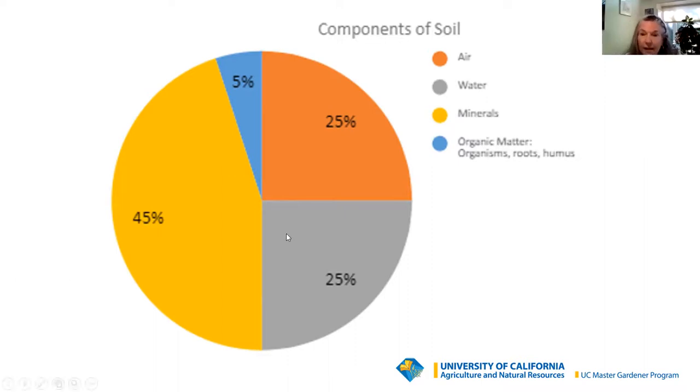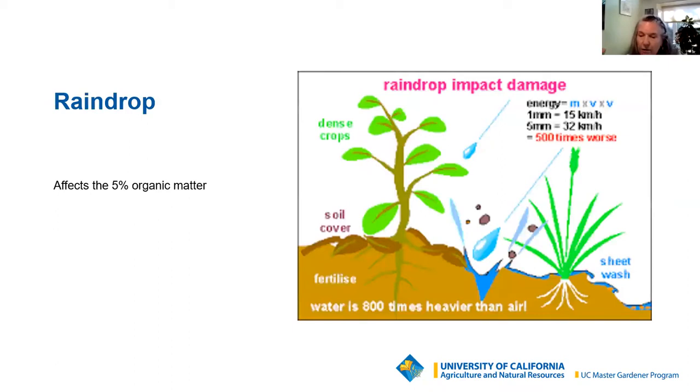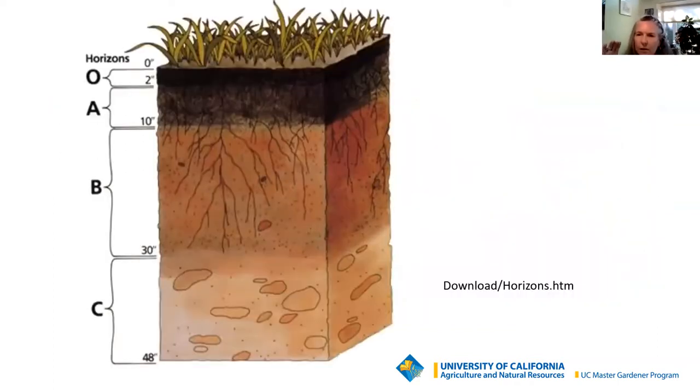When soil is bare, like after a fire, raindrops can hit at 130 miles per hour. And the point of sharing this is that it dislodges the particles of the soil, which is part of the topsoil. So we're going to go into depth on soil horizons.